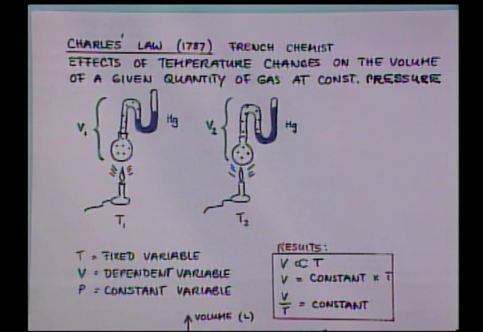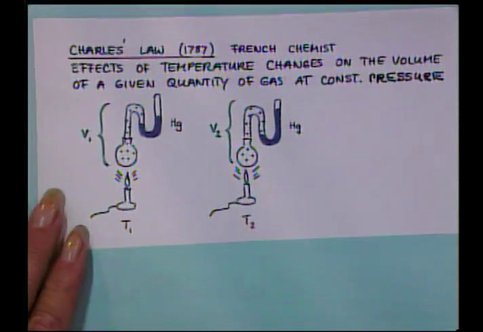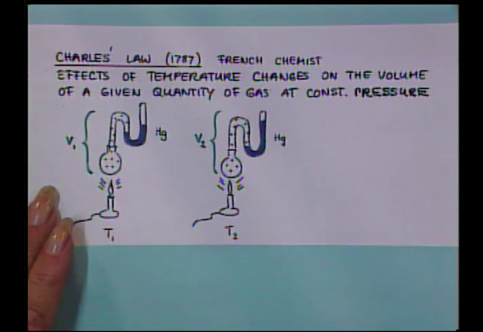Now Charles is from France. By the way, Boyle also studied in France, so we can honor France in providing many of the scientists that worked on the early gas laws.